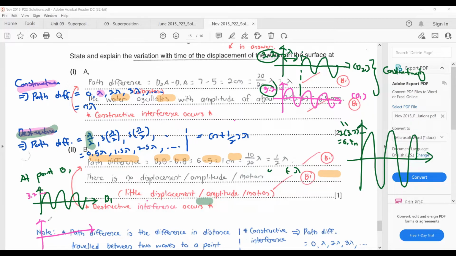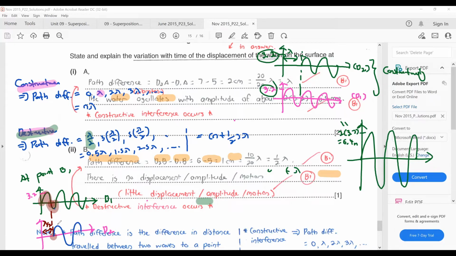Now, wave D2 will arrive half a wavelength later. That would mean it is somewhere like this. Half a wavelength is somewhere like this, because this is one wavelength, so half a wavelength is basically from here to here. Your wave D2 will arrive half a wavelength later, so you only start to have this here.